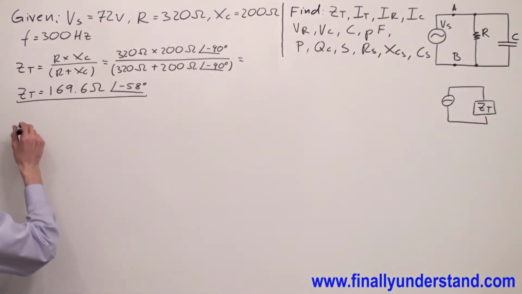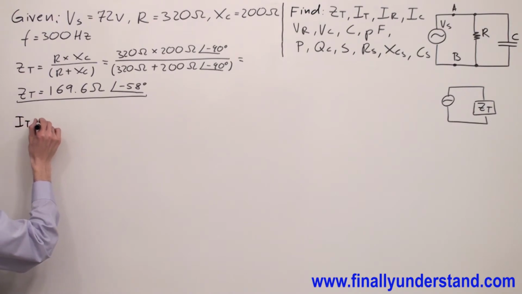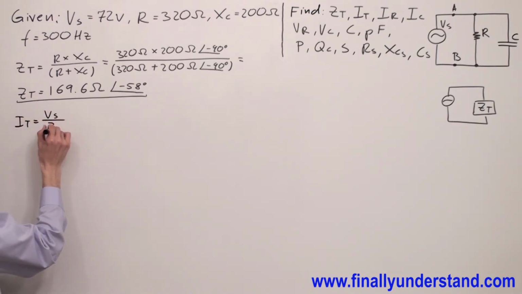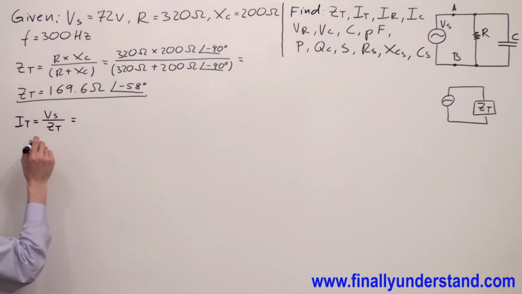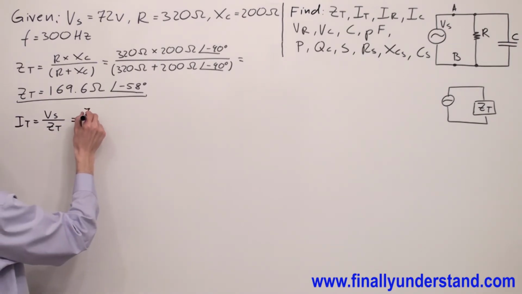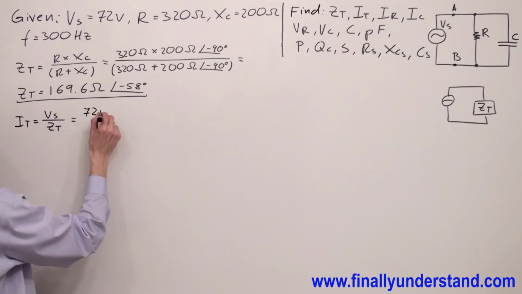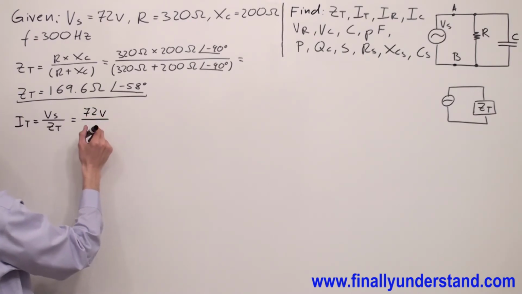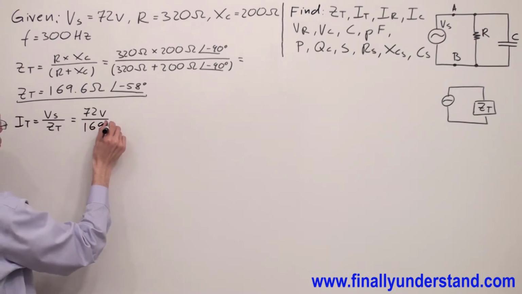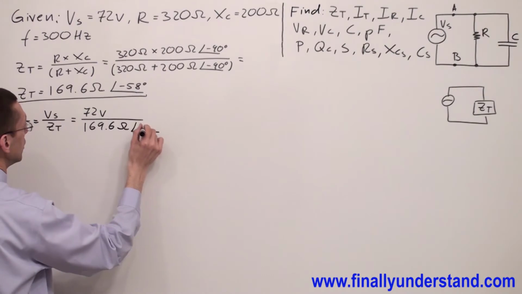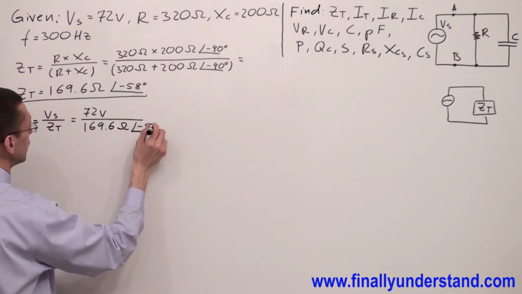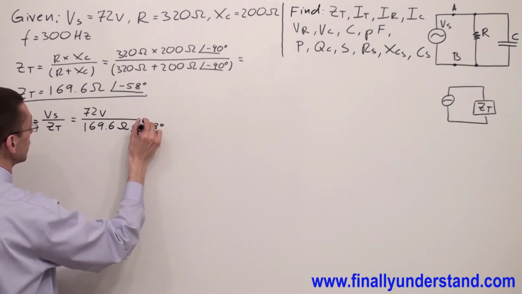So I total is equal to the voltage source over Z total, where the voltage source is equal to 72 volts over Z total, which is equal to 169.6 ohms, and angle of negative 58 degrees.